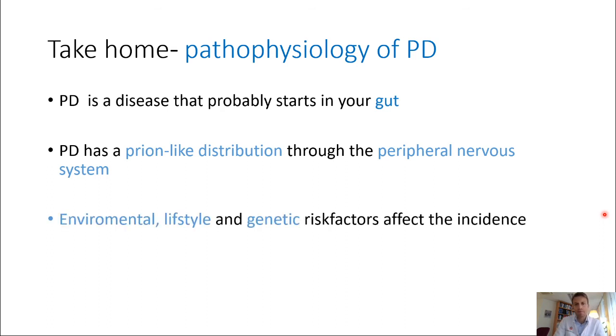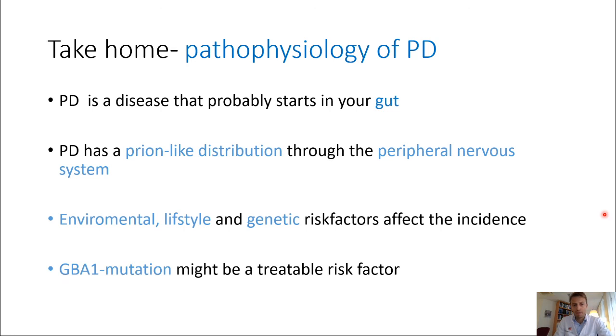There are some risk factors, environmental, lifestyle, and genetic, that can influence the disease, but they are only a very small proportion of the factors that promote Parkinson's disease, and it's not yet useful to use these lifestyle and environmental factors as preventative treatment. Apart from that, living healthy, without pesticides, and living biologically might long-term reduce your risk of Parkinson's disease, but by how much we do not know yet.